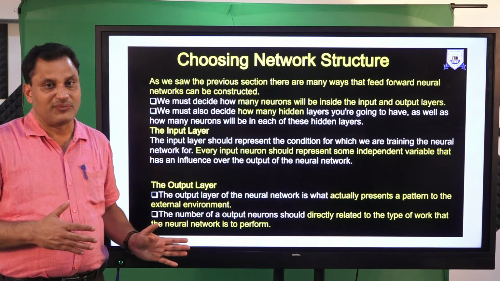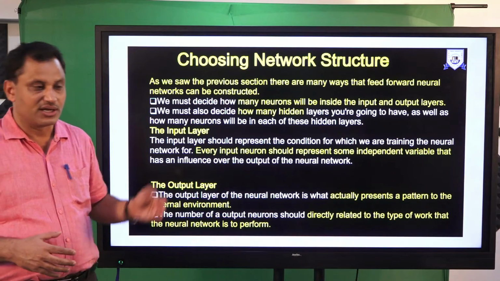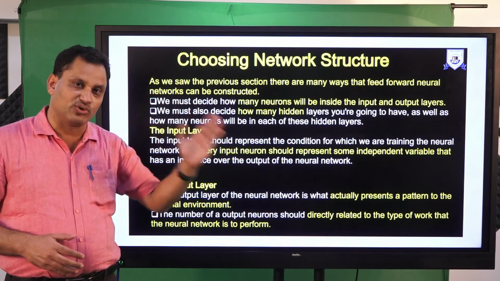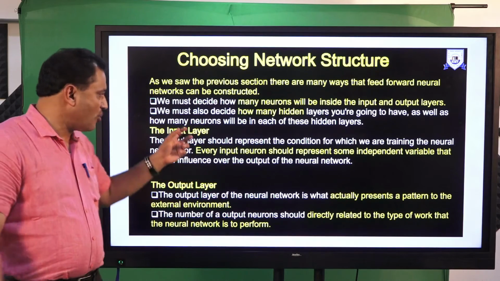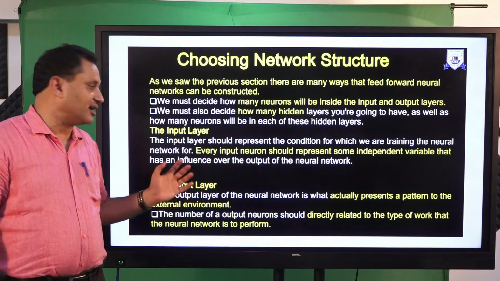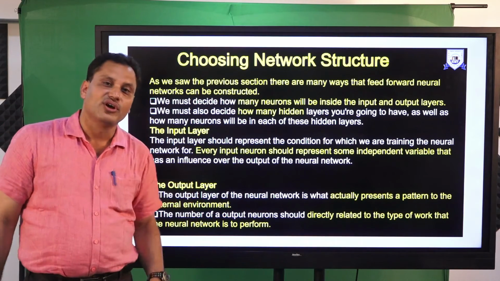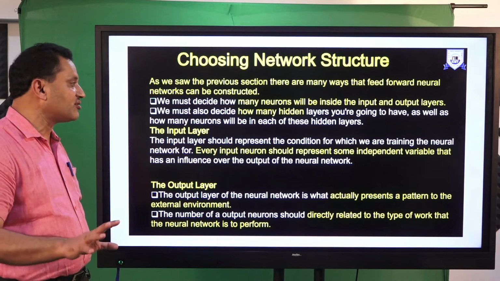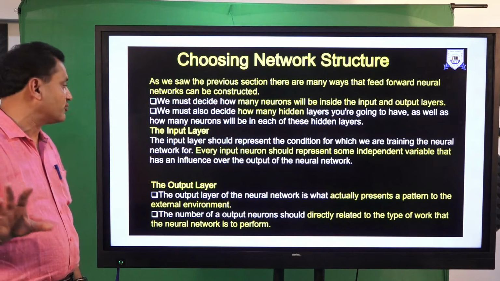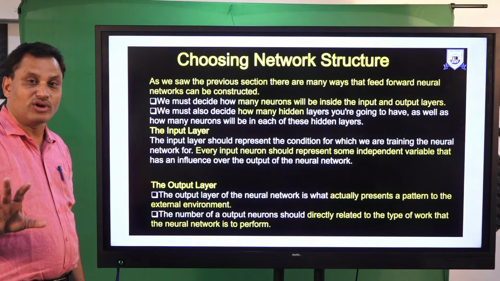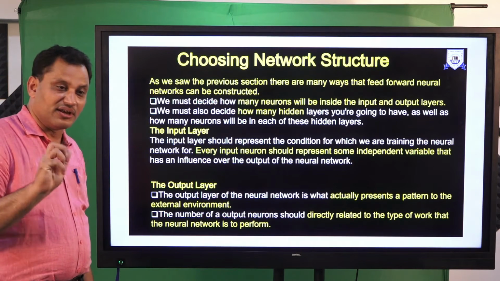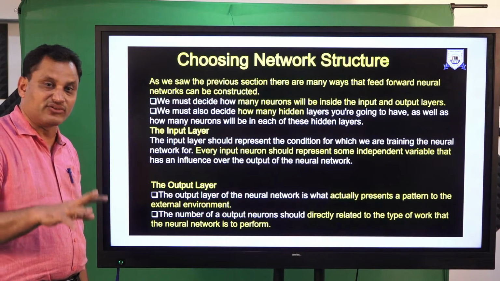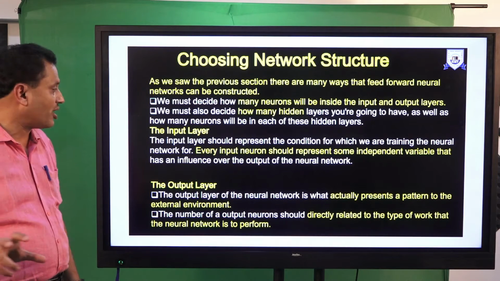In the previous lecture we discussed signals. The inputs are coming in the form of signals. So the number of inputs directly correlates with the number of neurons in the input layer. The input layer should represent the condition for which we are training the neural network. Condition means how many signals are required, how many parameters of a particular vector are required to train the network.